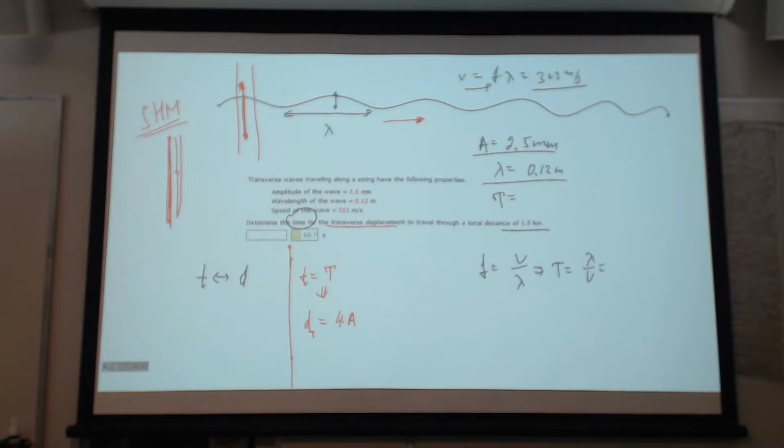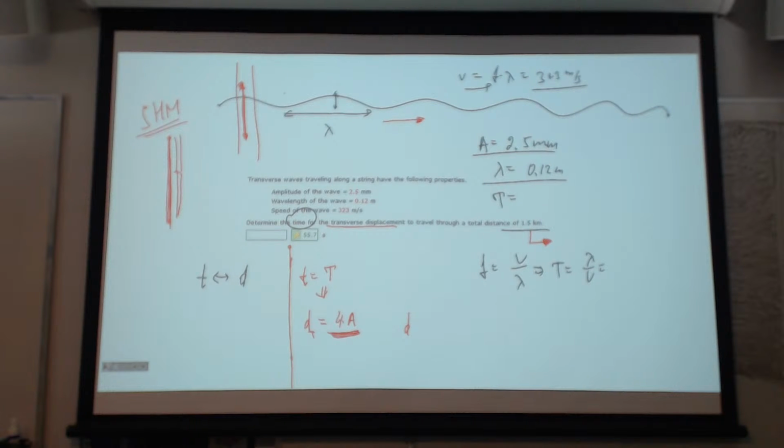Okay, I see. So now your distance is equal to 1.5 kilometers. I want to ask you this: how many periods should it move up and down to travel this whole distance, if you know that in one period it travels 4 amplitudes?